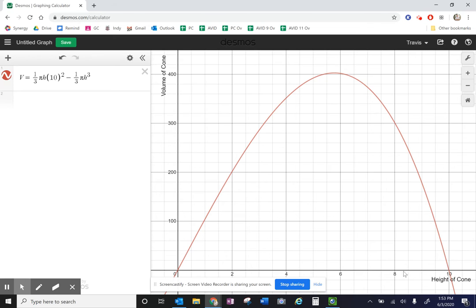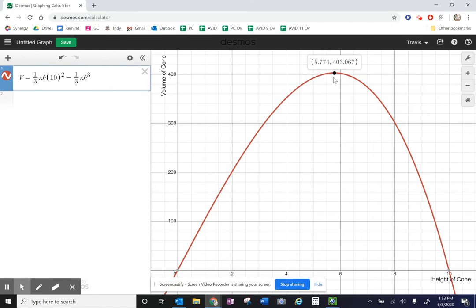But if my cone gets too high, my volume begins to decrease. And we saw that as I demonstrated it. So there's this middle ground where the volume is optimized. It's maximized, I should say. As a matter of fact, it's right there, that point.